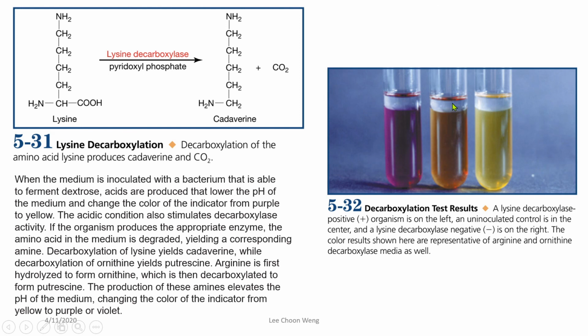This is the uninoculated control, and this is the negative. It is negative, yellow, because the bacteria utilizes only the glucose and reduces the pH.